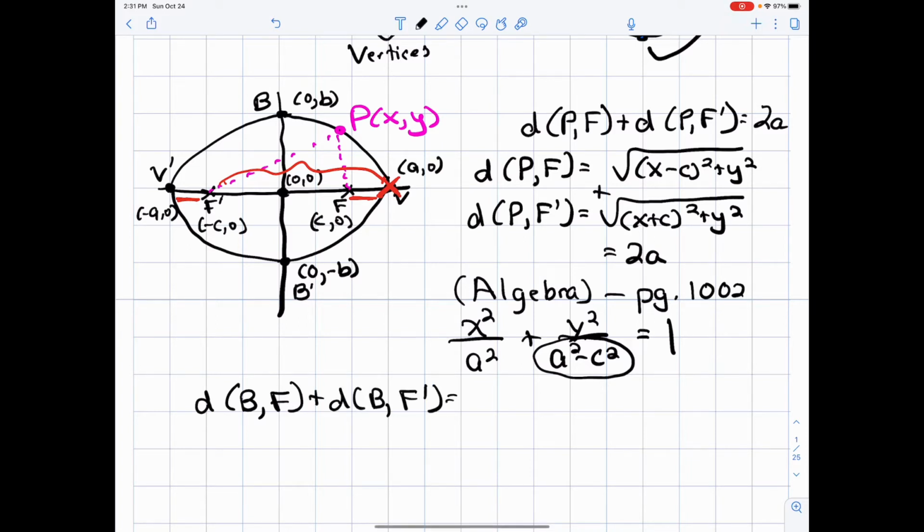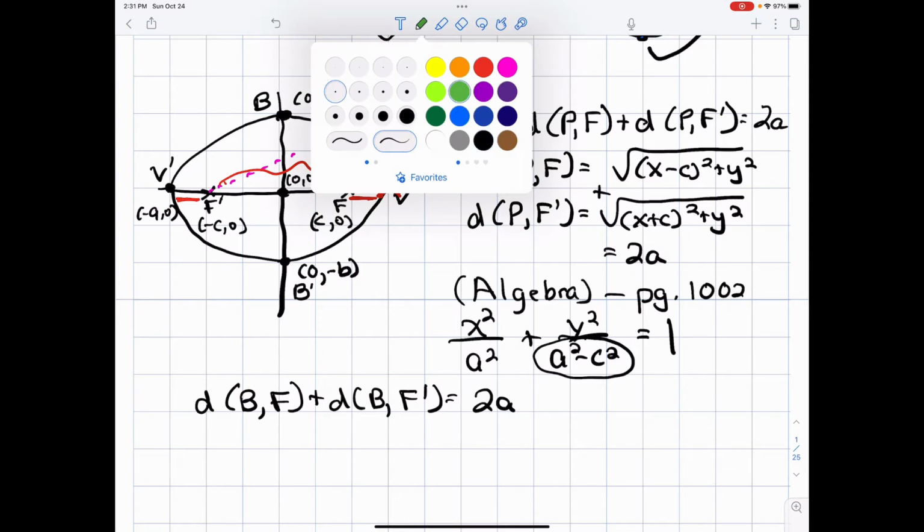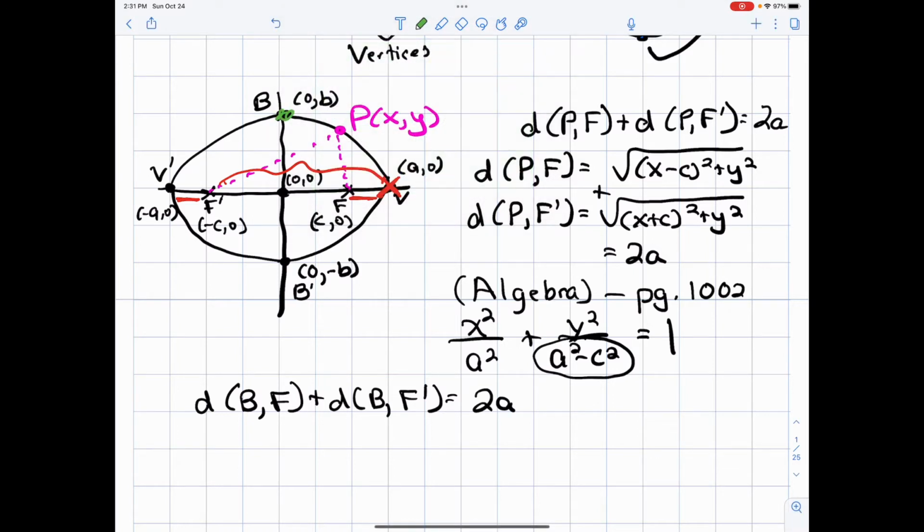And again, that has to equal 2a because B is a point on the ellipse. So the distance from that point to one focus plus the distance from that point to another focus is also going to equal that 2a. So remember from earlier, for any point on the ellipse, the sum of the distances from that point to the foci is going to equal the length of your major axis.